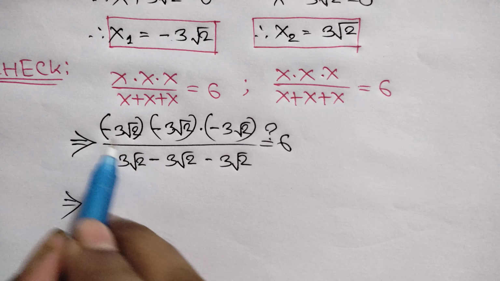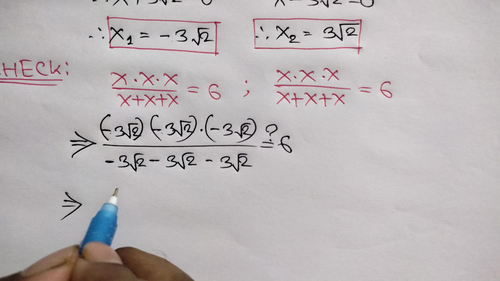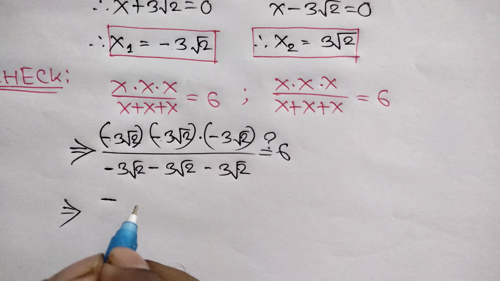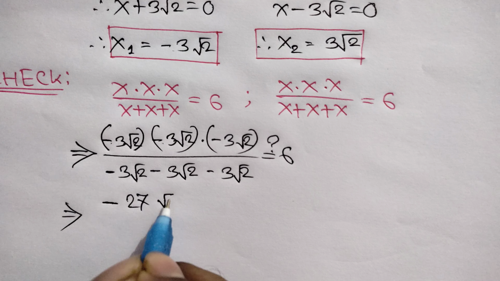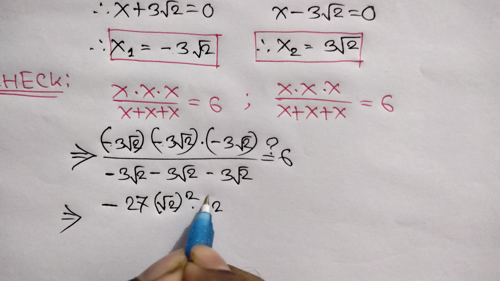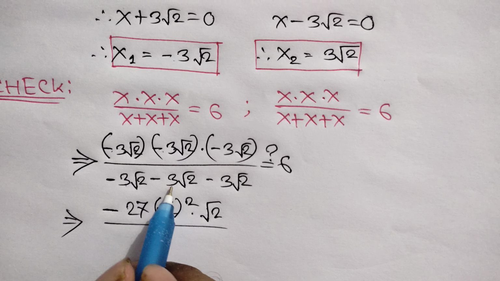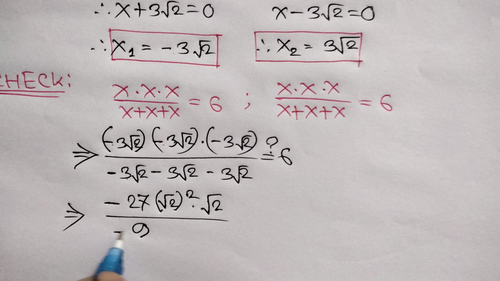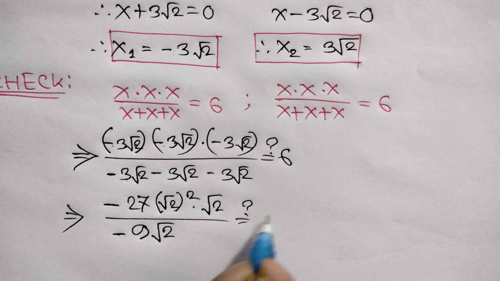Now we know that negative times negative is positive, positive times negative is negative, so we can write negative 3 times 3 is 9, 9 times 3 is 27, and here we can write square root of 2 square times square root of 2, over 3 plus 3 is 6, 6 plus 3 is 9, negative 9 square root of 2. Is it equal to 6?